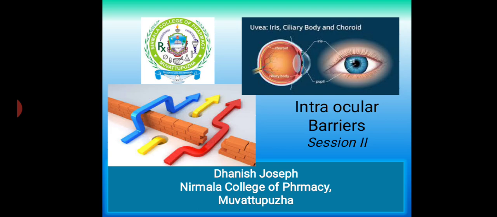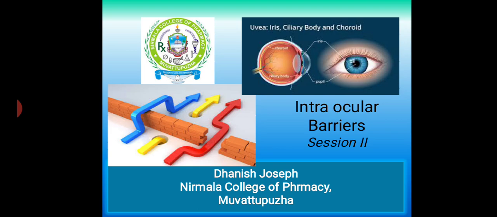The ocular barriers were classified into two: anterior segment barriers and posterior segment barriers. I hope you remember the classification. Those who do not remember, please listen to the previous sessions.